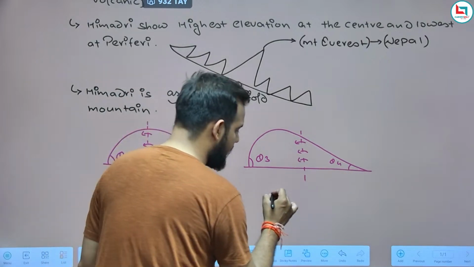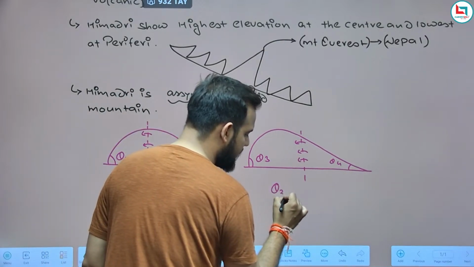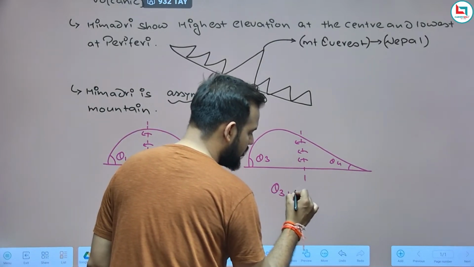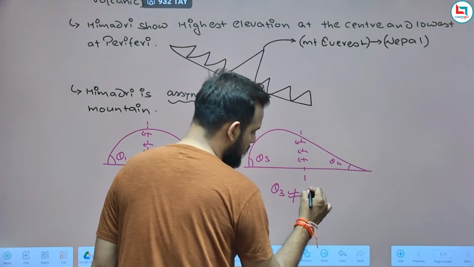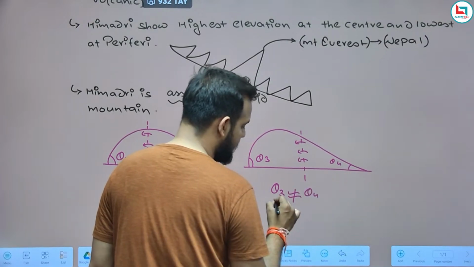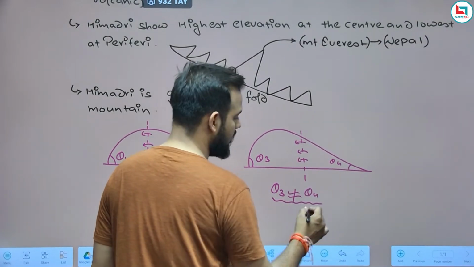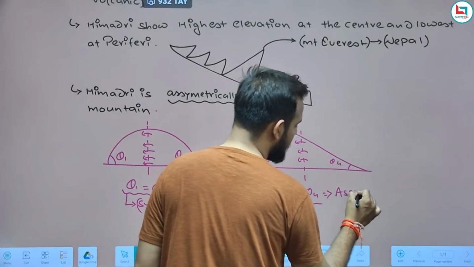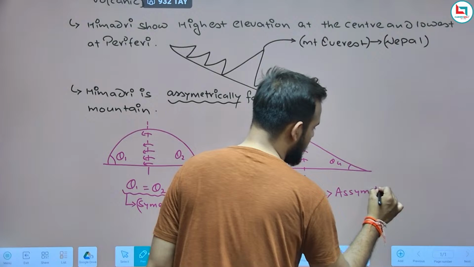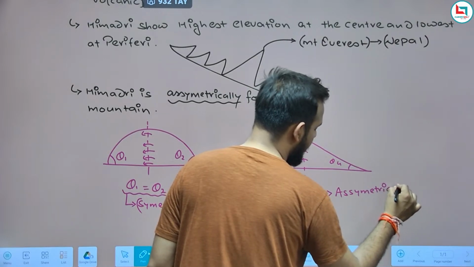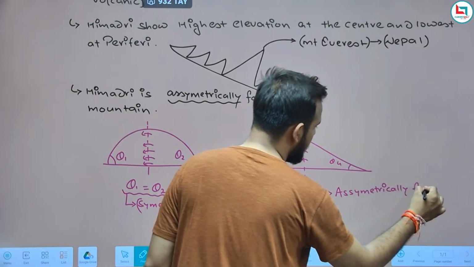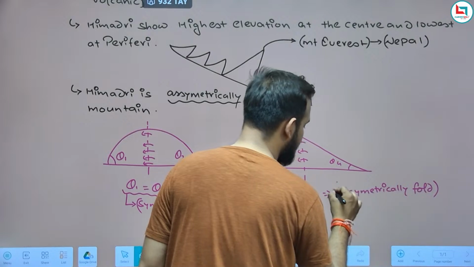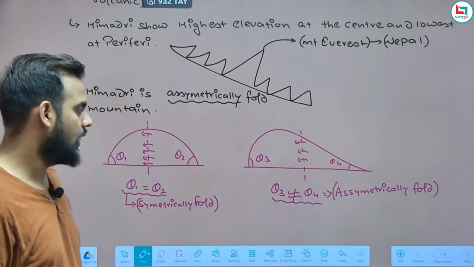So here we have that theta 3 is not equal to theta 4. This particular condition is known as asymmetrical fold. So these are the things that we people need to understand.